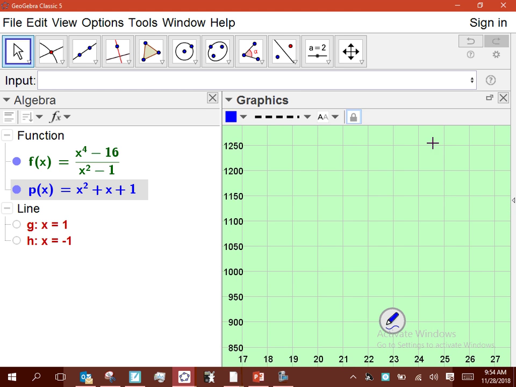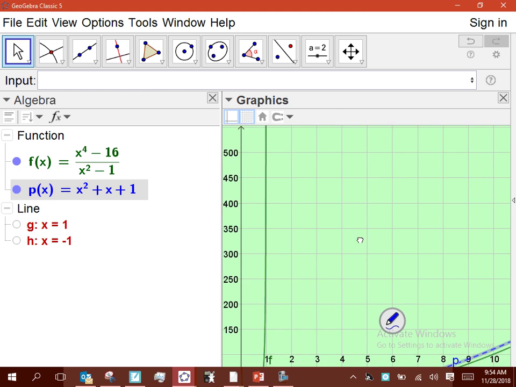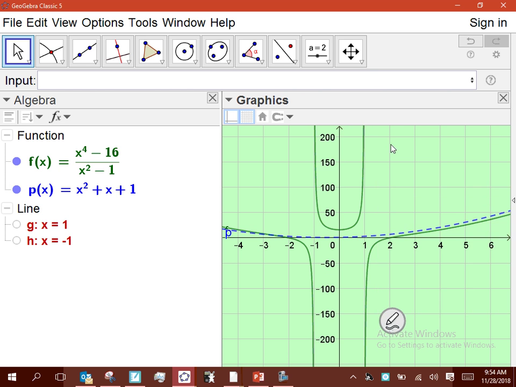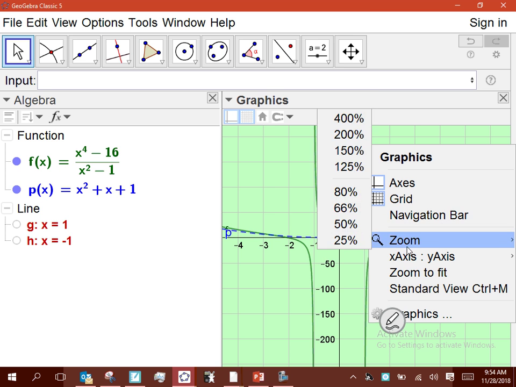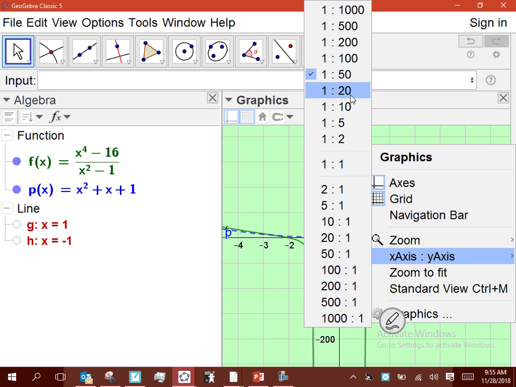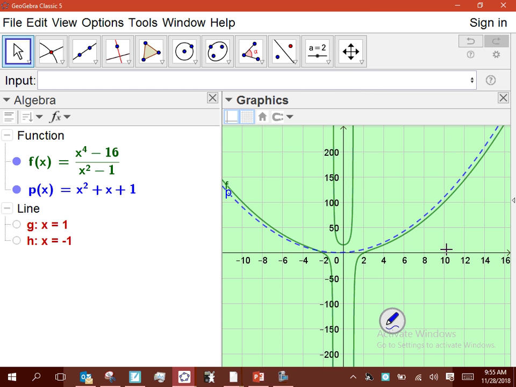Now I've adjusted my y-axis here a little bit. That's kind of what that green graph would look like, but a portion of that is following that asymptote. These would be the vertical asymptotes for that function, x plus 1, x minus 1.